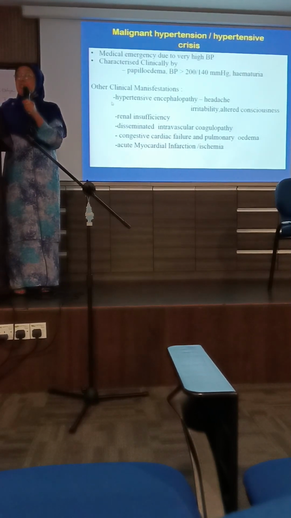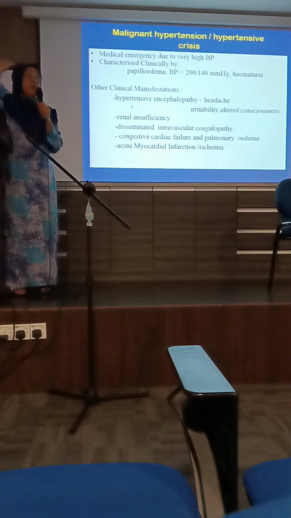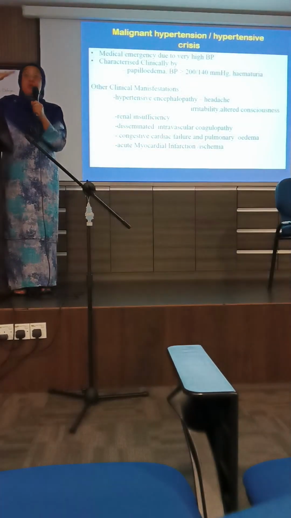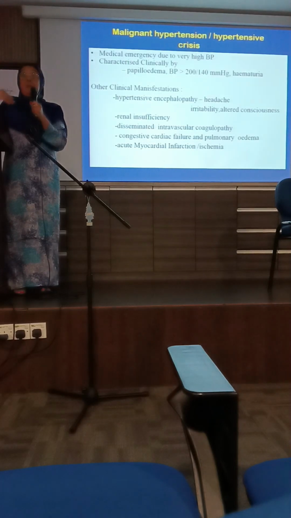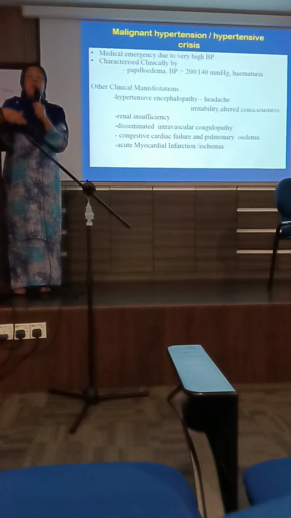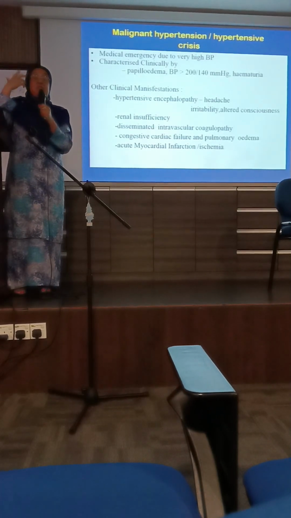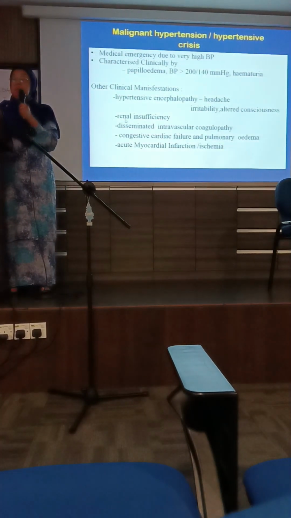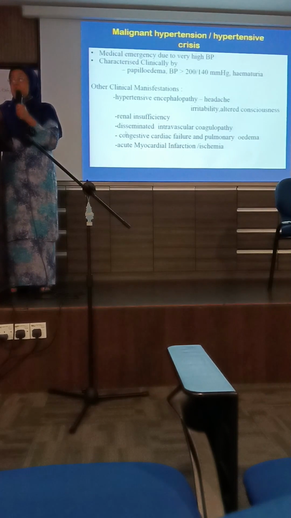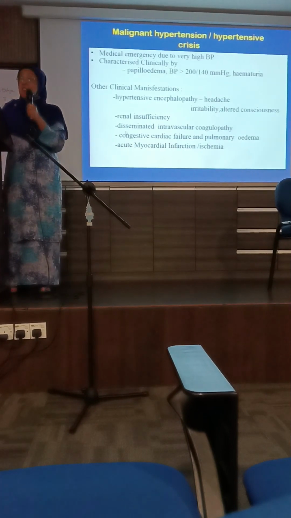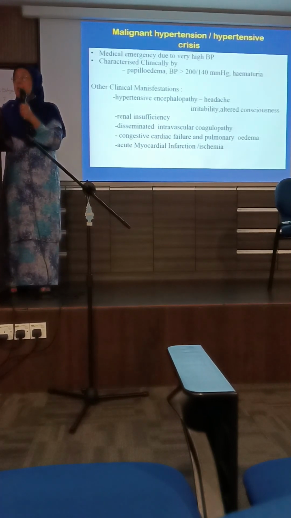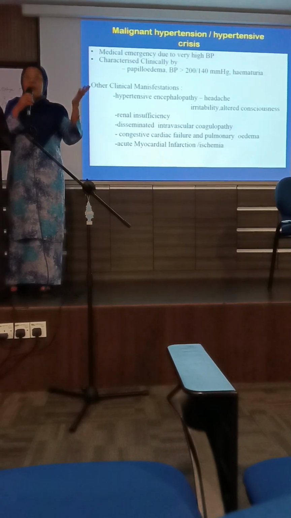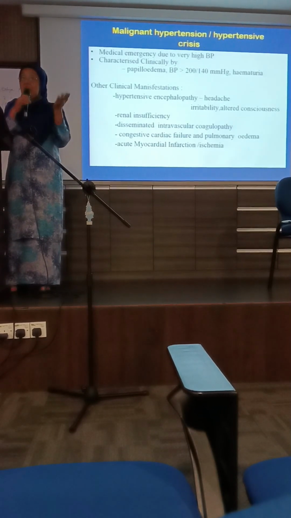Other clinical manifestations, patients may come in with hypertensive encephalopathy, changes due to changes in the brain. They may be drowsy, they may go into coma, they may have severe headache and they're very irritable. Renal failure, patients may have disseminated intravascular coagulopathy, patient may be in heart failure because high blood pressure leads to left heart failure.